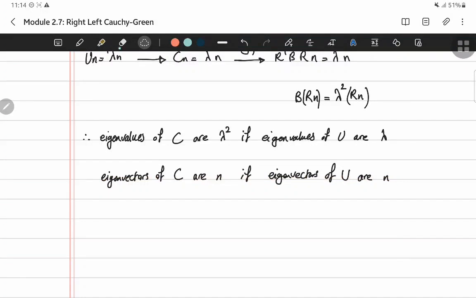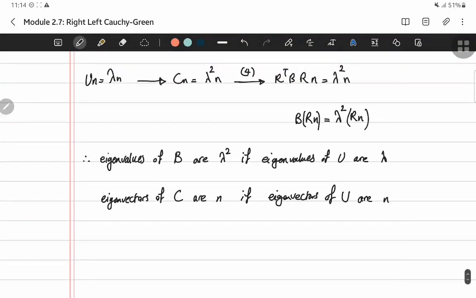Okay, great. So the eigenvalues of B are lambda squared if eigenvalues of U are lambda, and eigenvectors of B are Rn, and maybe I can write this with another color, if eigenvectors of U are n.